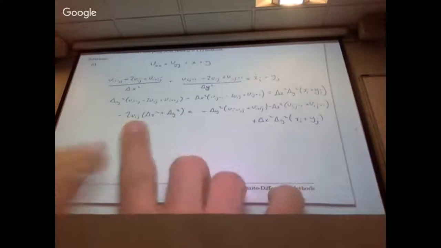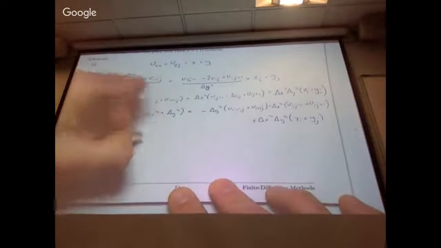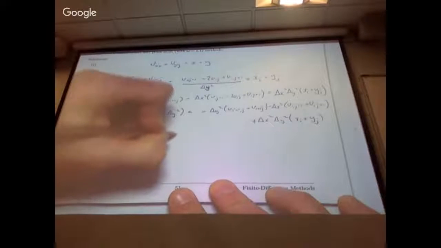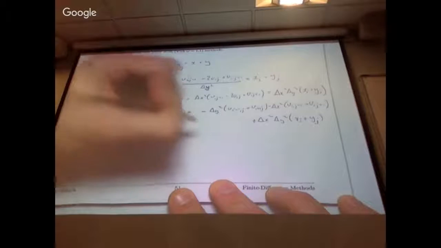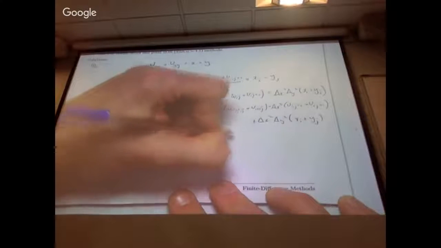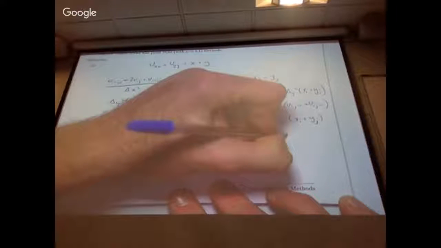Yes, I'm going to divide throughout by minus 2 times this bracket. So we end up with delta y squared plus u plus 1j delta x squared, all over x squared plus y squared.